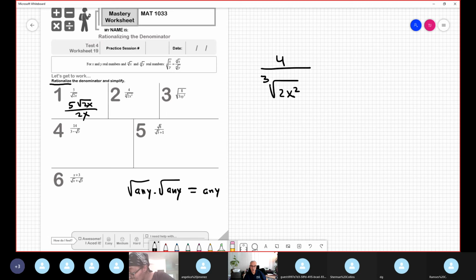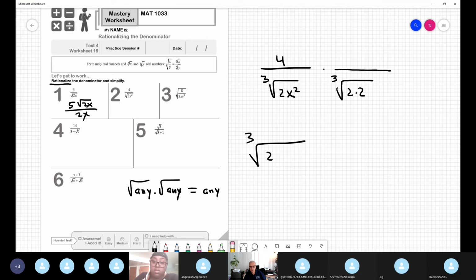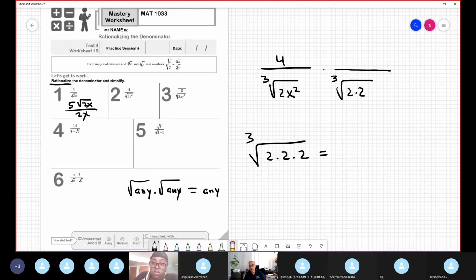Because remember, suppose I want to delete that 2 inside the radical. My smart one is also a cubic root, but not 1 two. Why 2? Because I know that cubic root of 2 times 2 times 2 is 2. Likewise, cubic root of x squared times x is x.